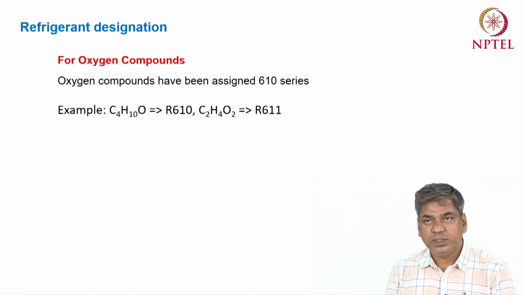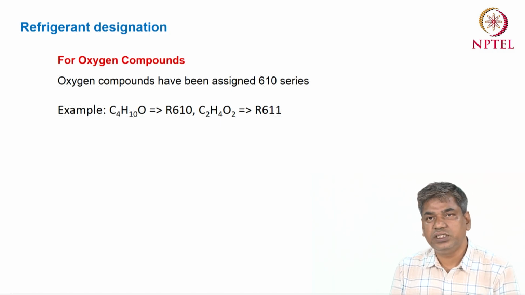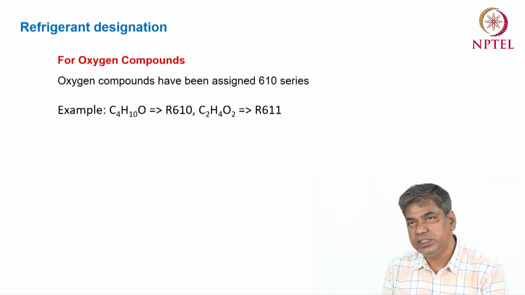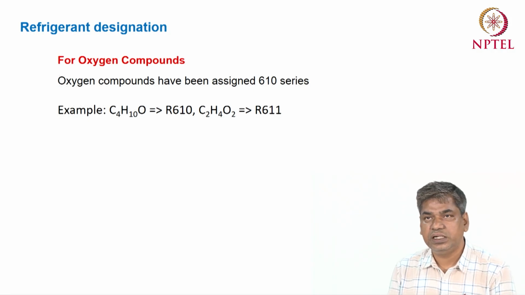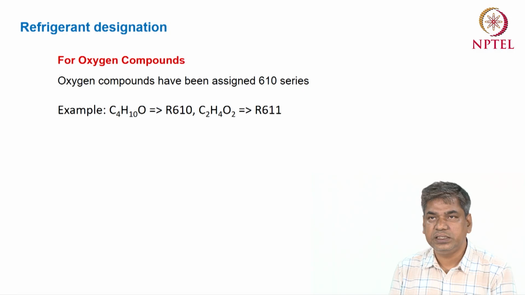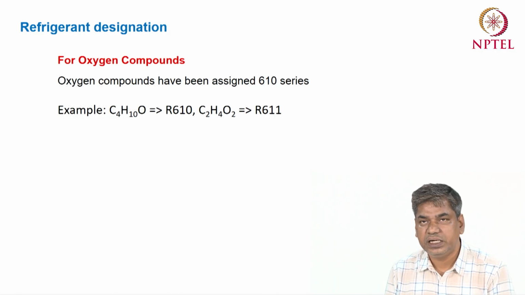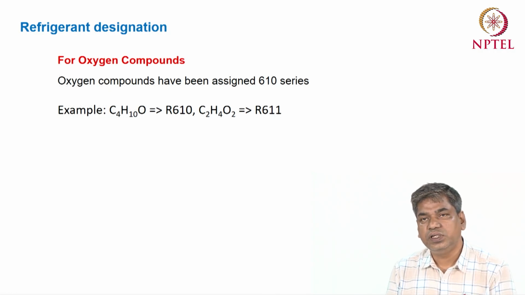Now, some refrigerants contain an oxygen compound. If an oxygen compound is there, we can designate the refrigerant in the 610 group. For example, if the chemical formula is C4H10O, an oxygen compound is there, so we can give the nomenclature R610.